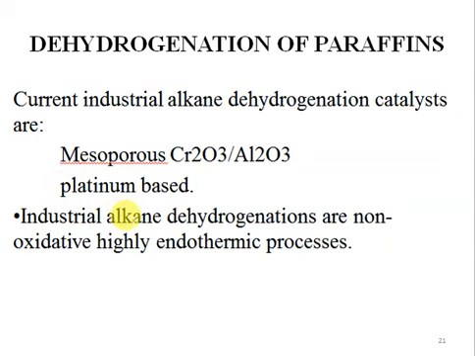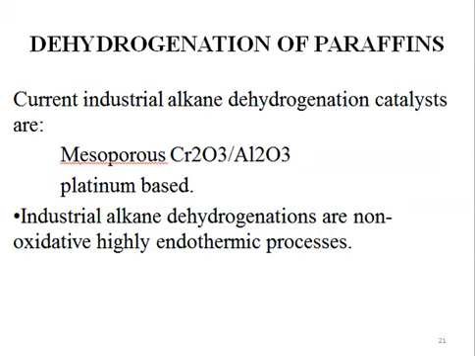Normally the industrial alkane dehydrogenations are non-oxidative endothermic processes, right? They are endothermic because we have to give energy to start the reaction, and the reactions are favored on the basis of their entropy factor, right? So you must know that the industrial dehydrogenation of alkanes are non-oxidative processes.